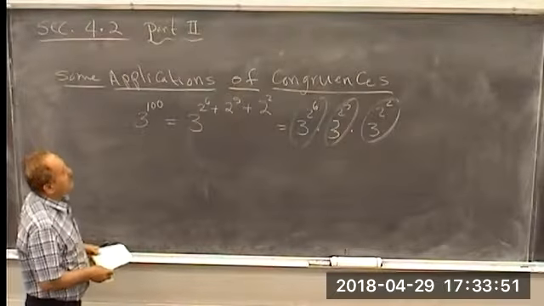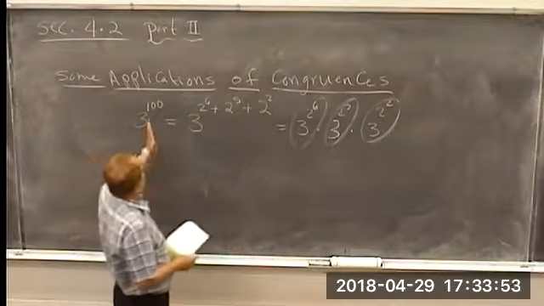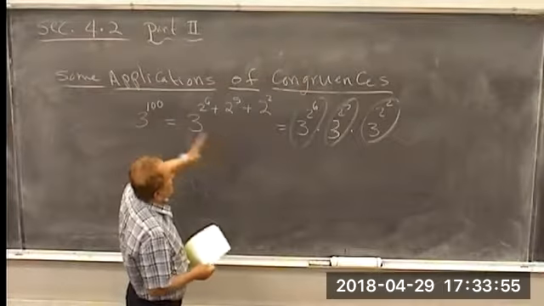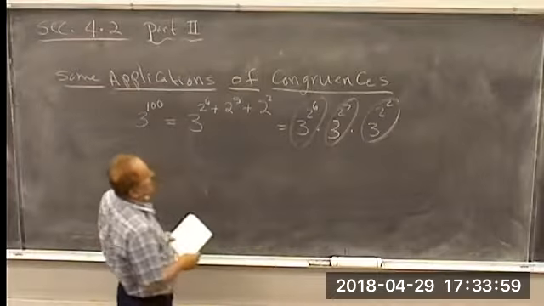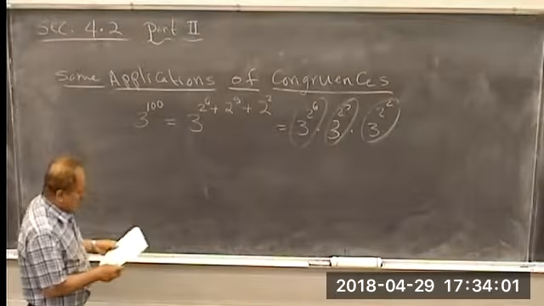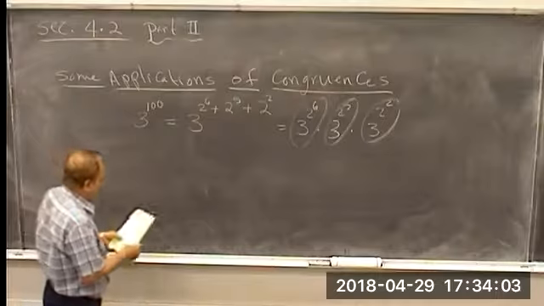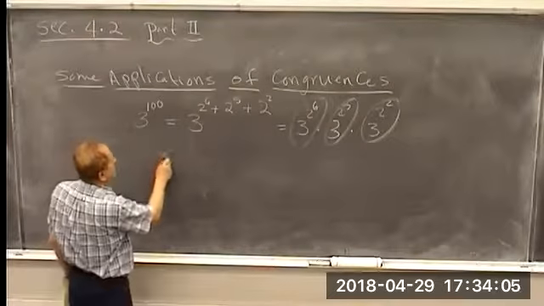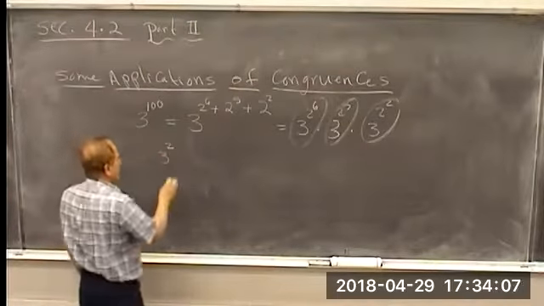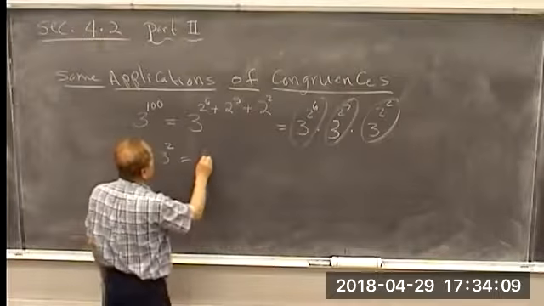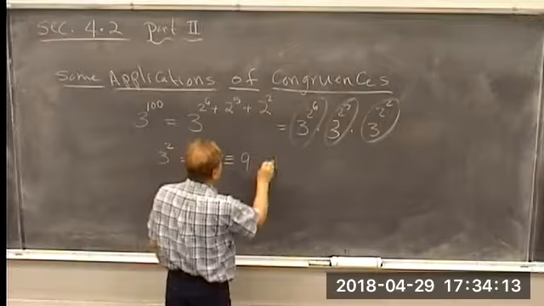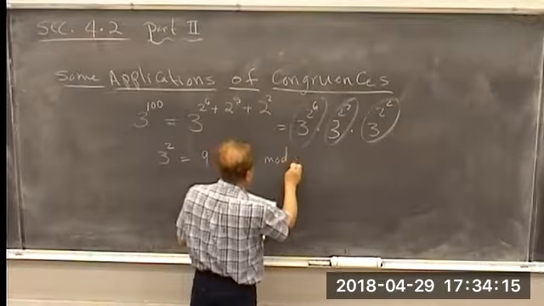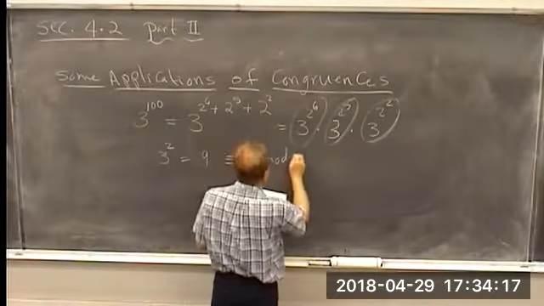Because if this is congruent to whatever number it is, then this number and that number will leave the same remainder when divided by 101. So let's just start with 3 squared, all right? Well, this is equal to 9, and of course we could think of it as congruent to 9 mod 101.